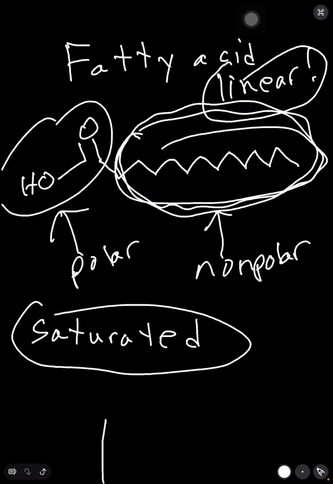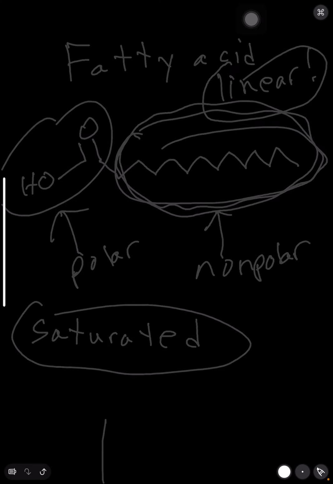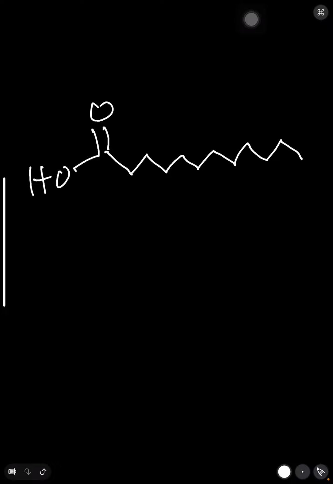If something's got at least one double bond in there, let's say we just stuck one right there, that adds 1 degree of what we call unsaturation.